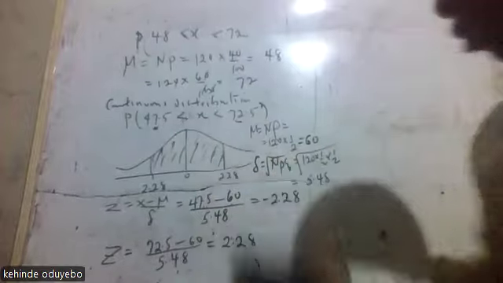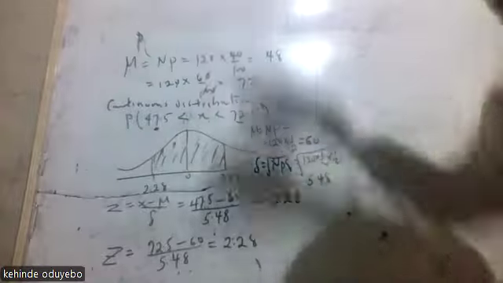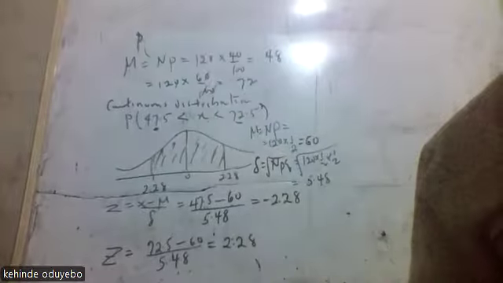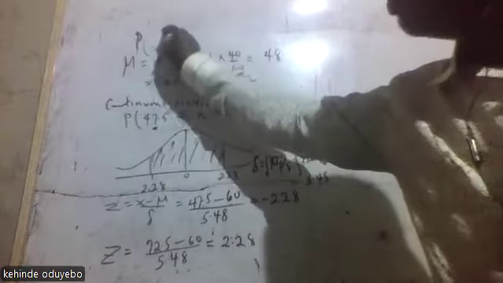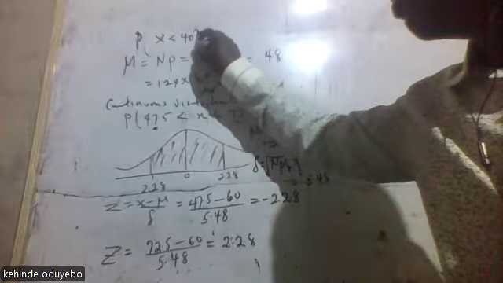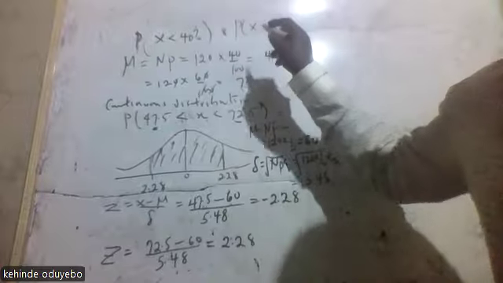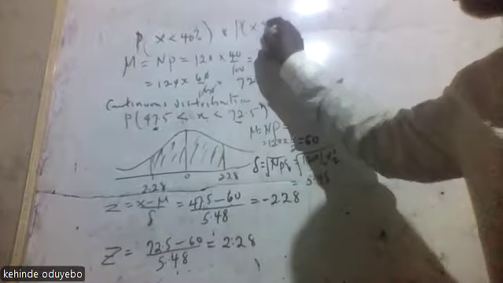Yes. But the question says, look at question A again. It said get what? Less than 40. That means I'm getting X less than 40%, isn't it? And what? Probability of X greater than 60.